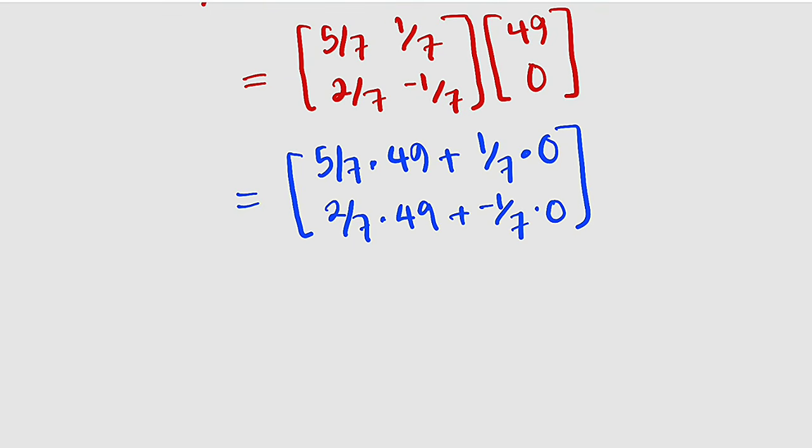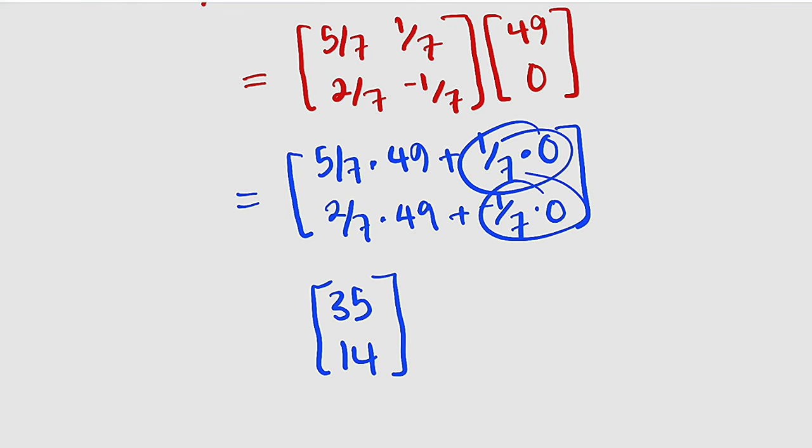Let's simplify. You know, this will give us 0, likewise this, so pay attention to the first product here. We have 7 can divide 49 exactly 7 times, and 7 times 5 is 35. Do the same thing here. 7 divides 49 7 times, and 7 times 2 is 14. So this is the only thing we have, because plus 0 will not change anything.